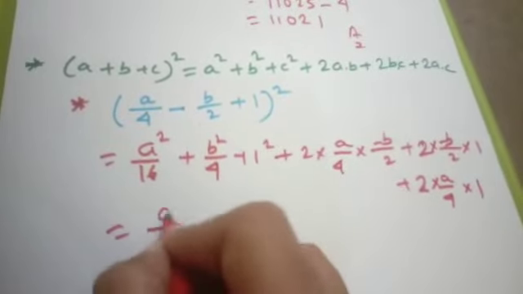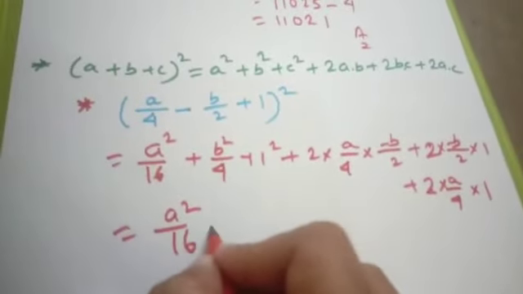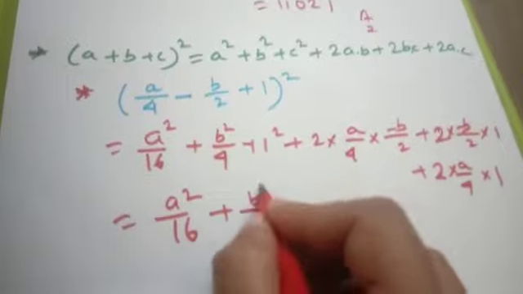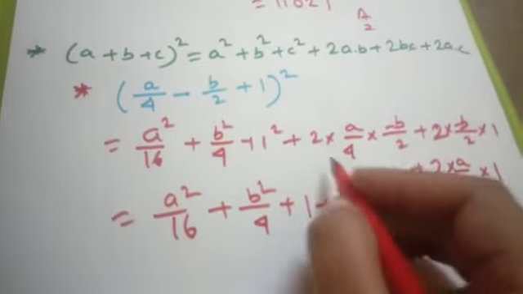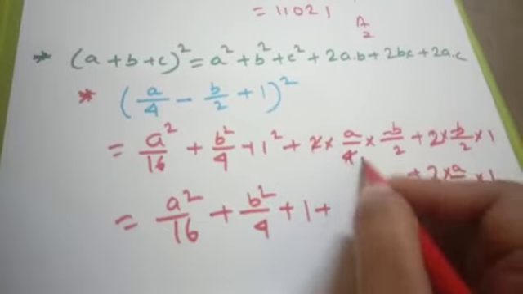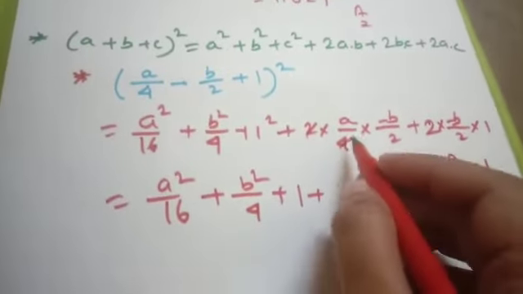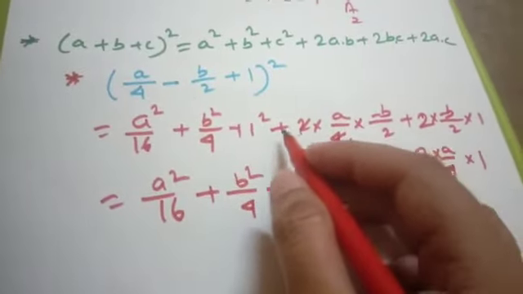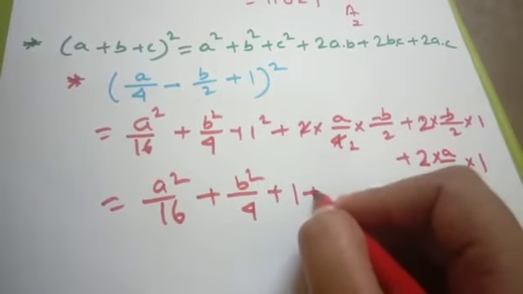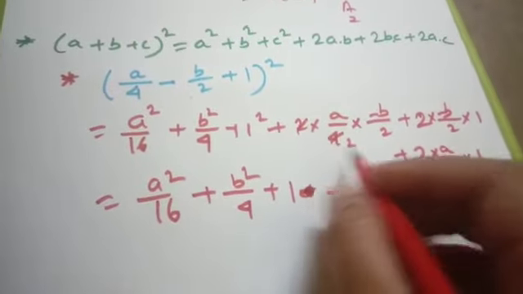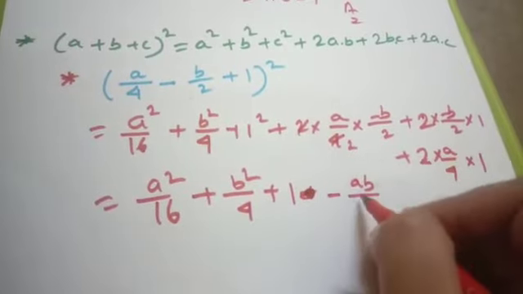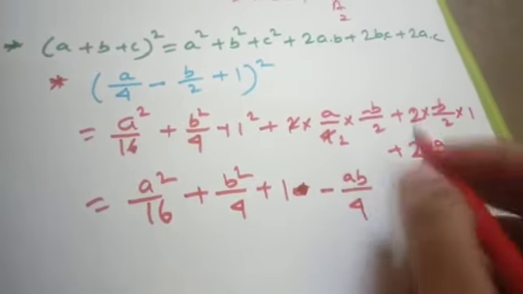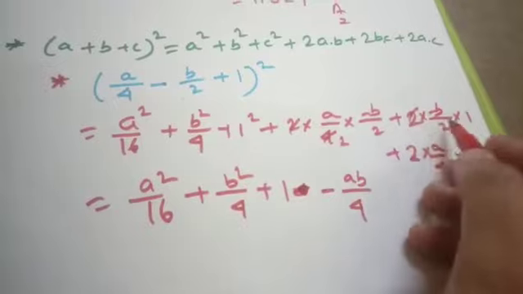Equal to a square by 16 plus b square by 4 plus 1 square is 1, plus 2 twos are 4, plus into minus is minus, so that is minus ab. 2 into 2 is 4, 2 and 2 cancel.